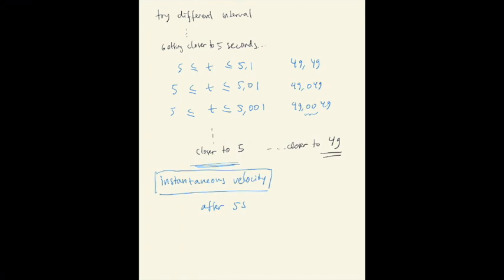When it is getting closer to 49, we can assume that if we add more zeros, a really small gap closer to 5, then it is actually closer to 49. That is our idea of instantaneous velocity. It's actually the same thing as when we dealt with limits before.